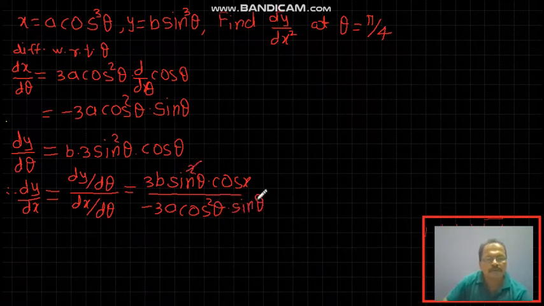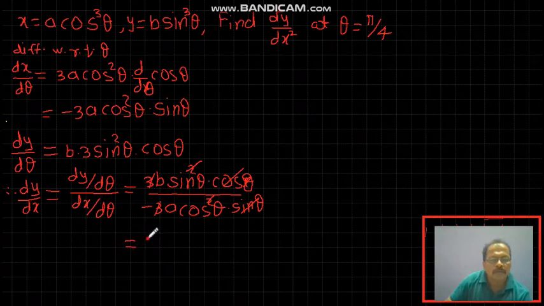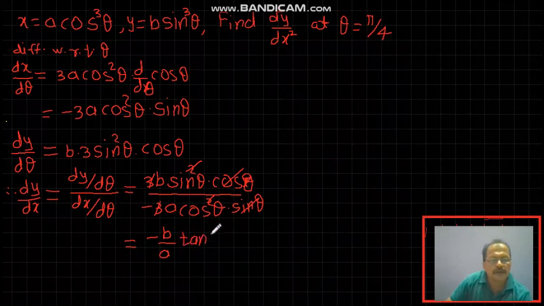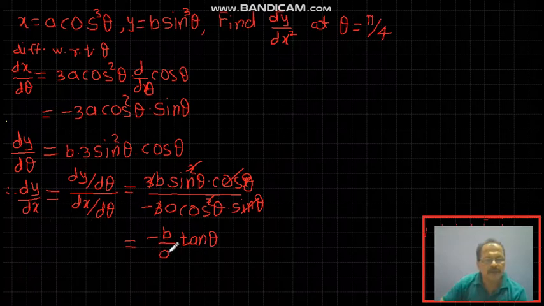One sin theta cancels out, cos theta cancels out, 3 cancels out, and remaining is minus b upon a tan theta. This is dy by dx.